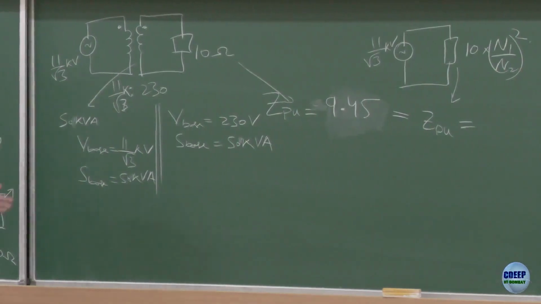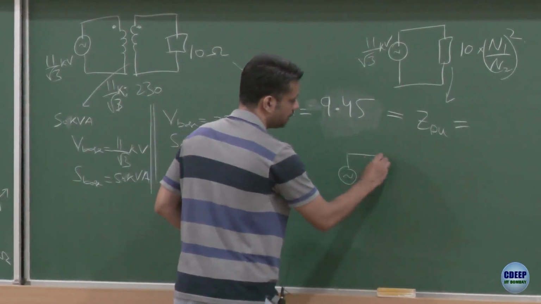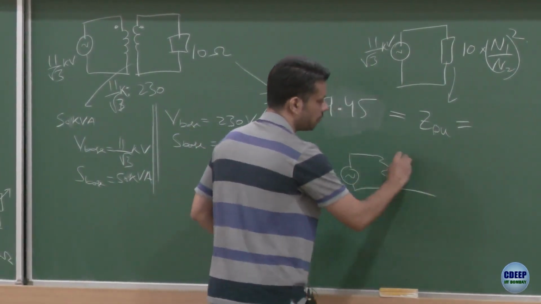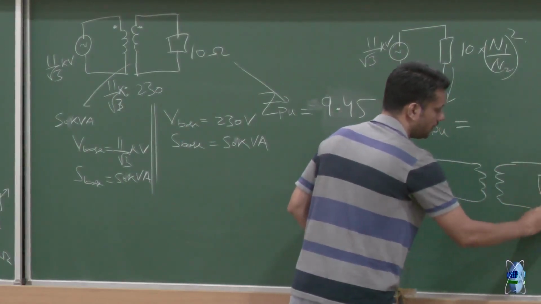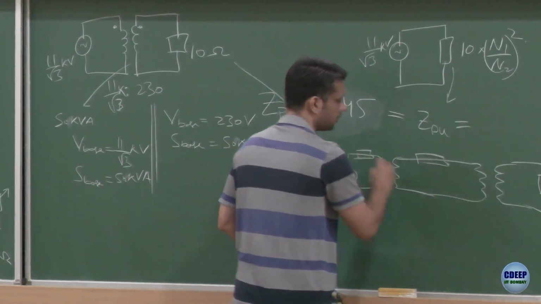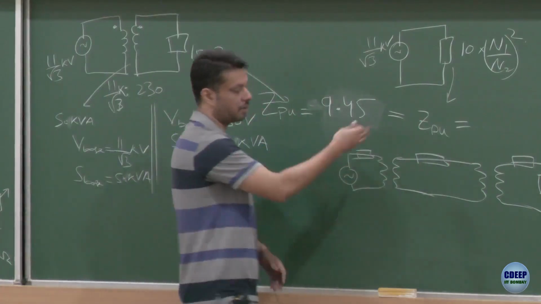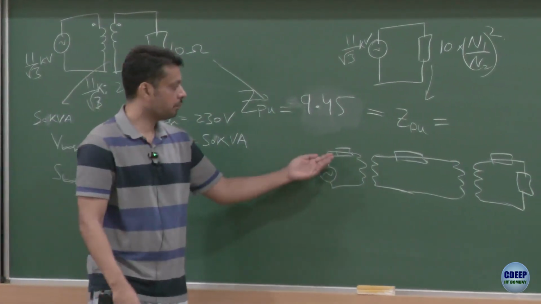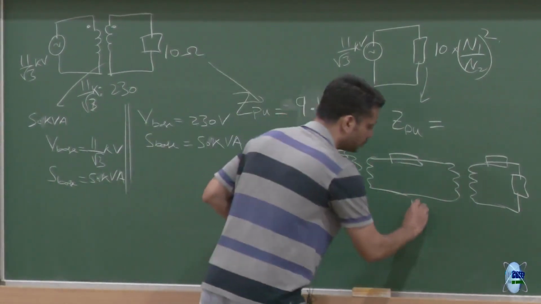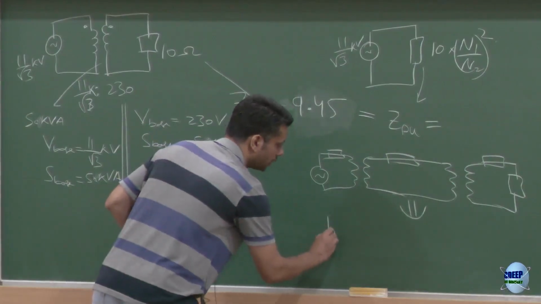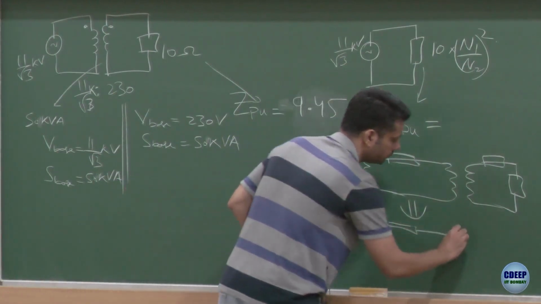So the idea is, now if you have a complicated system like this, with let's say multiple transformers, multiple impedances, leakage, magnetizing, everything, you have a complicated network. If you convert this whole circuit into PU values, then the whole circuit would simplify and you can just remove all the transformers and keep all the impedances in PU.